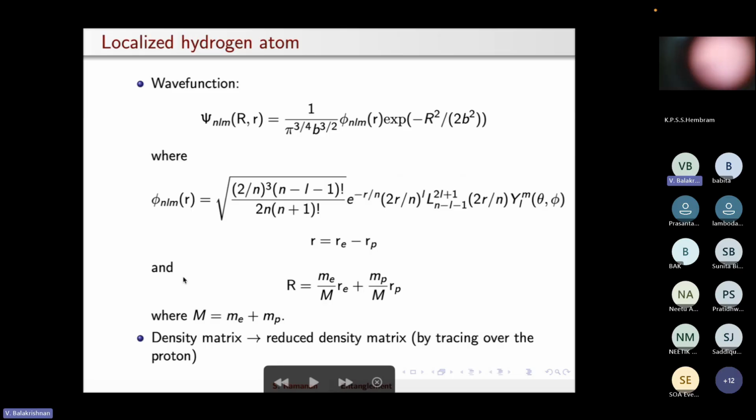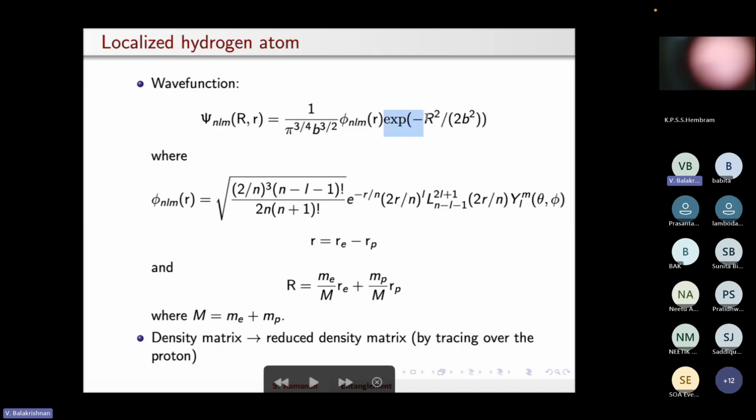So for the localized hydrogen atom, you solve the relative eigenvalue problem and get the phi NLM, which has a radial part given in terms of the associated Laguerre polynomial, as well as the spherical harmonics for the angular part.